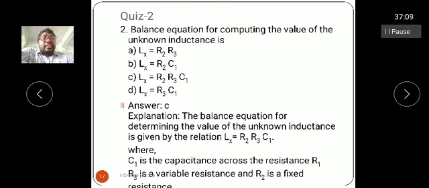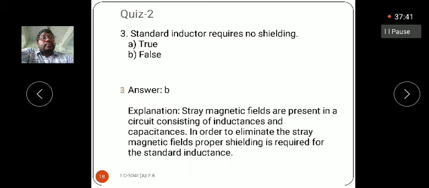The explanation is: the balance equation for determining the value of unknown inductance is given by the relation Lx equals R2 R3 into C1, where C1 is the capacitance across the resistance R1, R3 is the variable resistance and R2 is the fixed resistance. This is the balance equation for computing the inductance, that is Lx equals R2 R3 into C1.